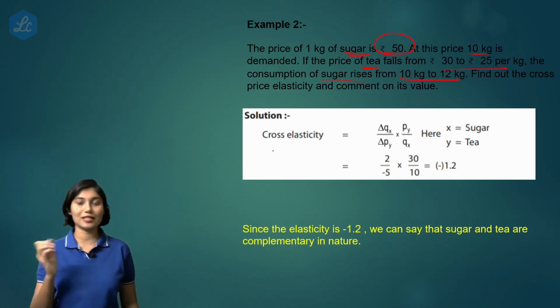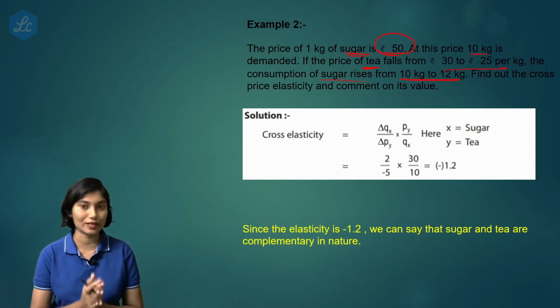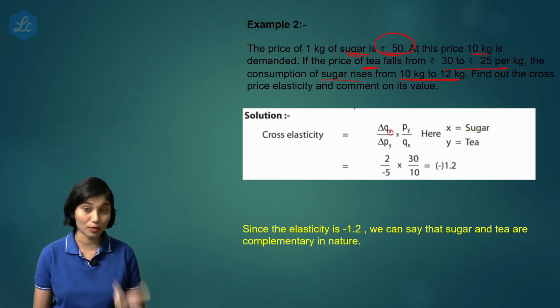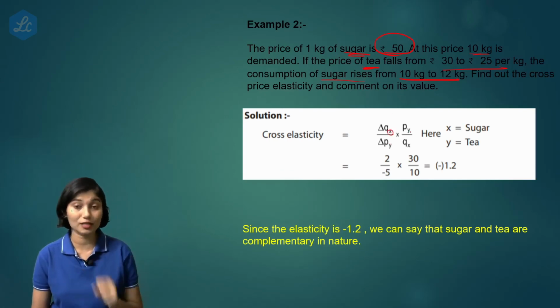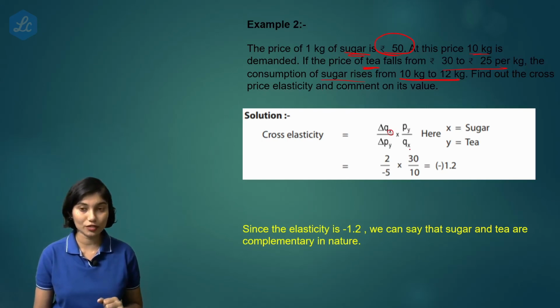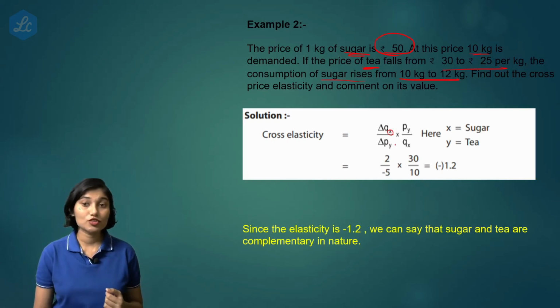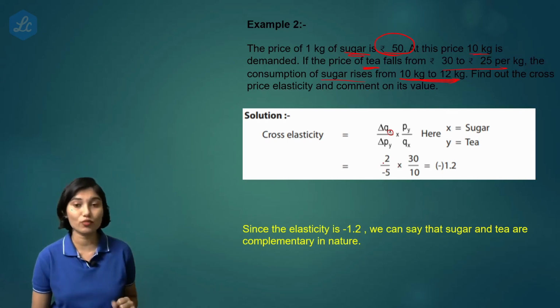Find out the cross elasticity, comment on its value. This is the question. Now you know the formula: change in quantity of the product divided by change in price of the other product, into price of y by quantity of x. Now let us say x is sugar, y is tea. Change in quantity of x from 10 kg to 12 kg, so that is 2, right? 2 divided by change in price of y.